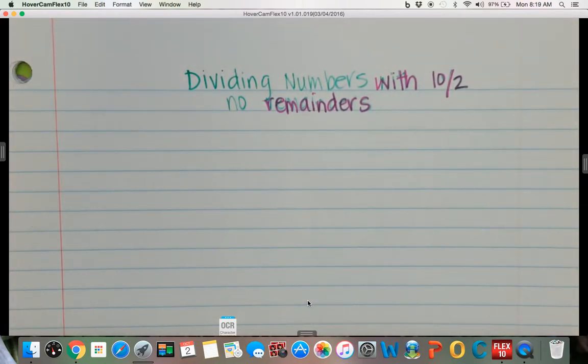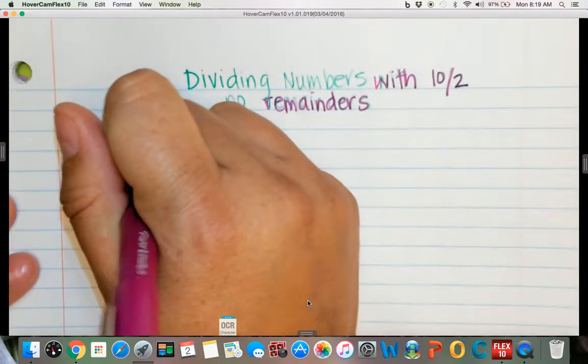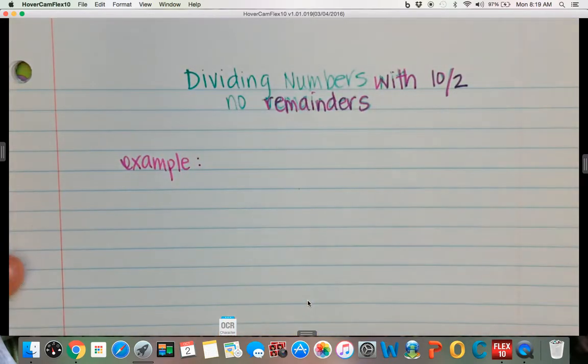So I am going to start with a smaller example, and of course this can go larger, and it will go larger the more we get into it, but I will start again with smaller numbers to get you used to what we're doing. There is no really new vocabulary that you need to know, so we're going to go right into examples.